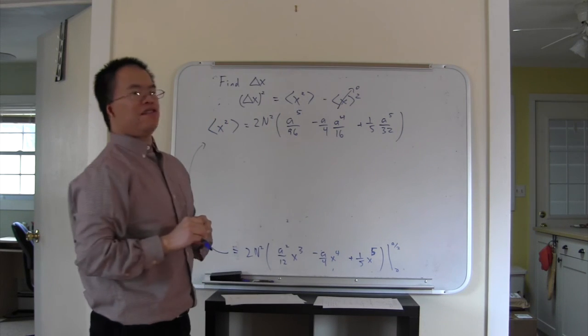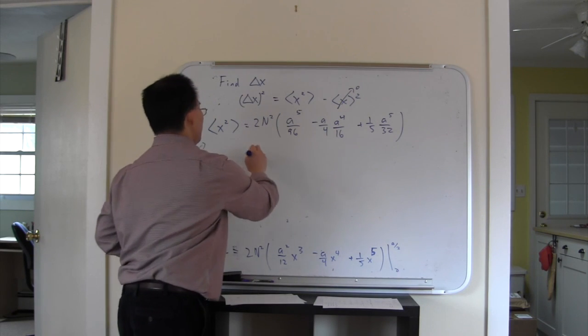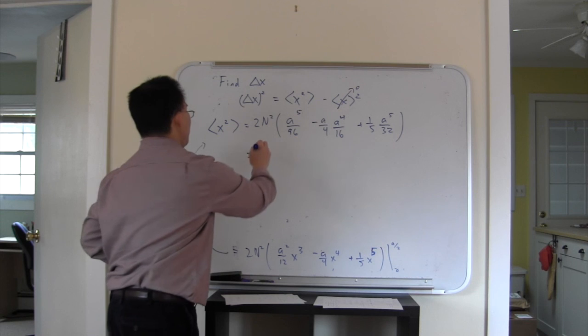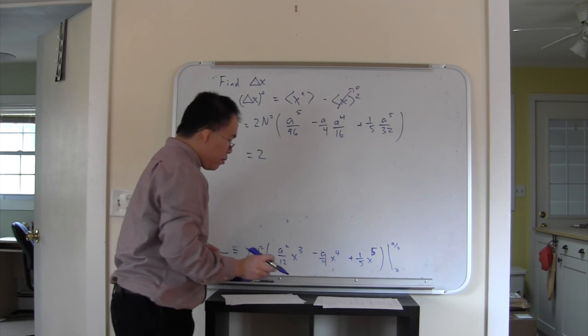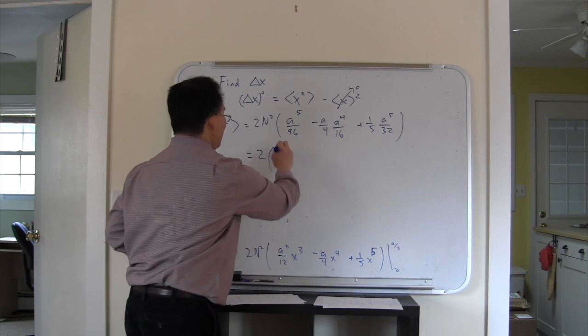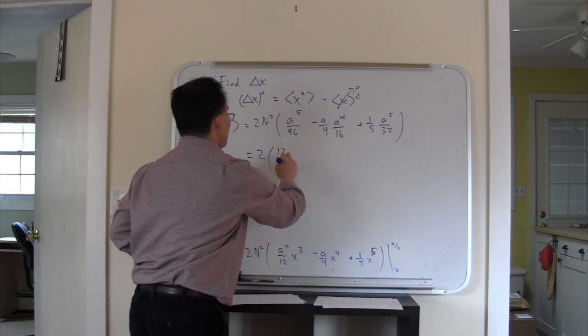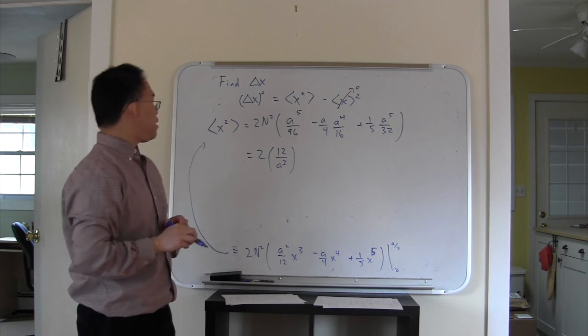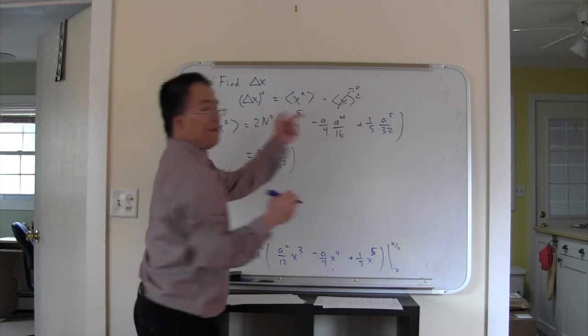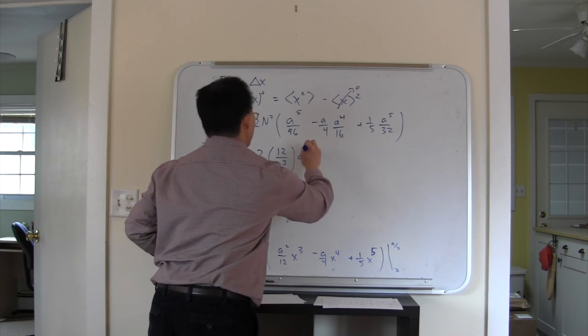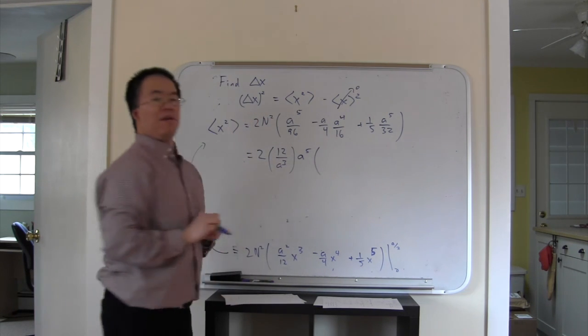So at this point, let's just simplify the heck out of this. We already know what n squared is. That's 12 over a cubed. And then we have a 5th everywhere, so that comes out.